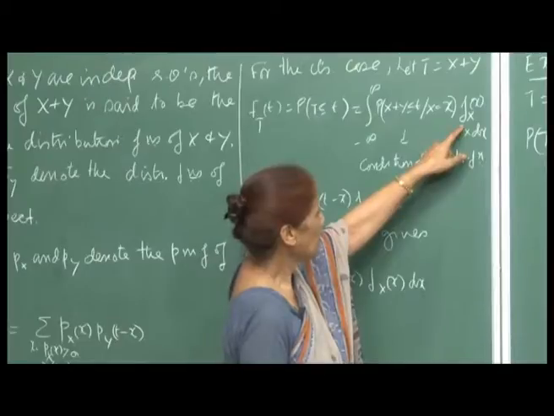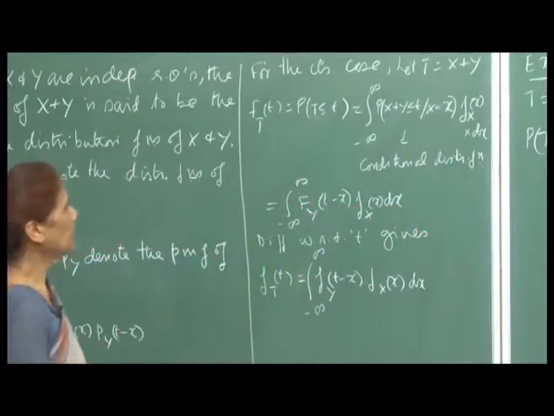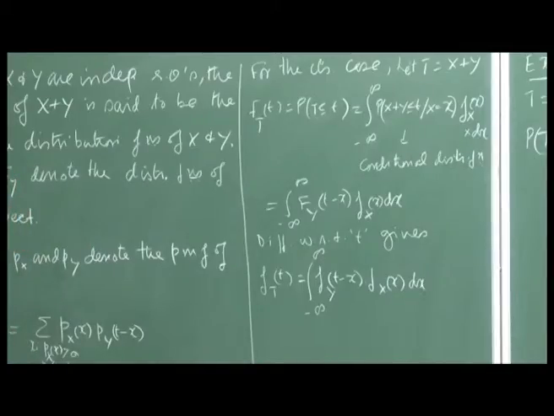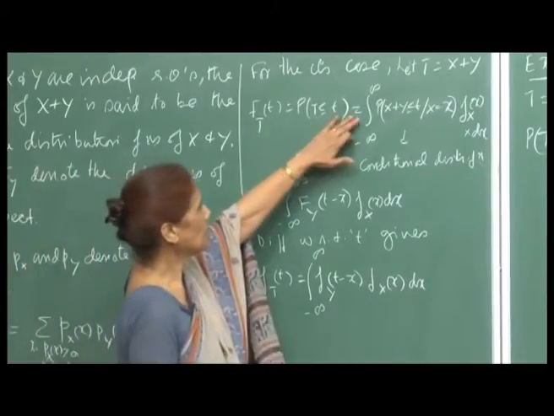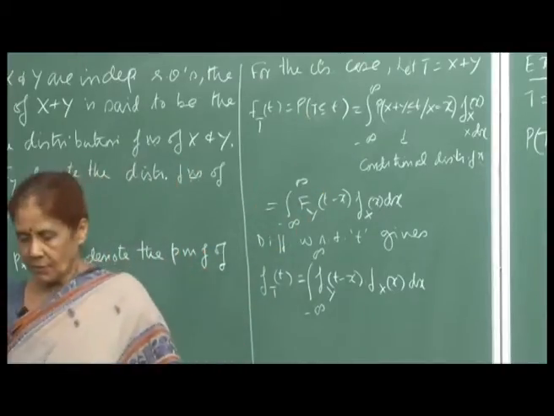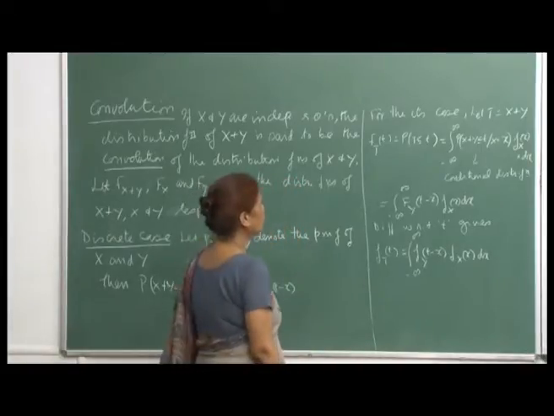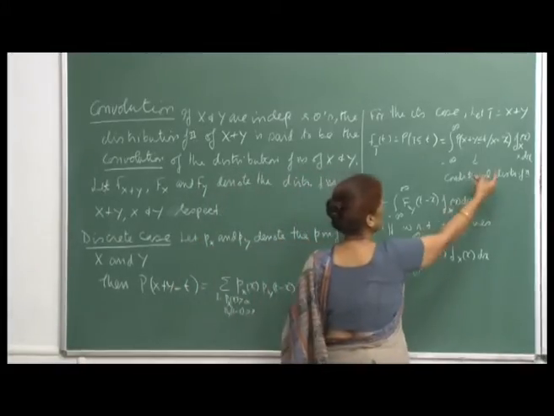So, this will be f_X(x) dx, and your x can vary from minus infinity to infinity. This is a general expression, and of course, the range will depend on the values that your random variables take. Okay. So, I have used the concept of conditional distribution here.